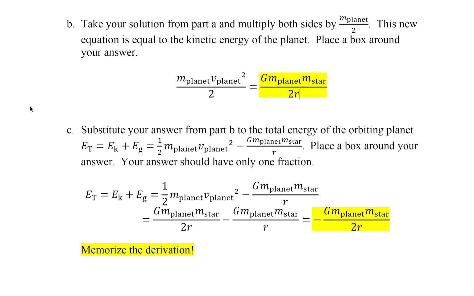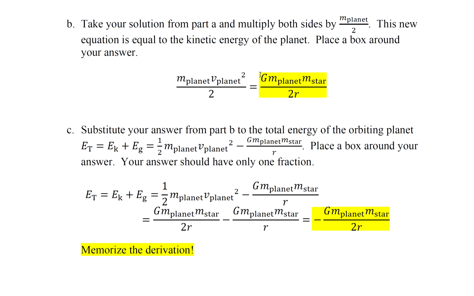Part C. Substitute your answer from part B into the total energy of the orbiting planet, which is kinetic energy plus gravitational potential energy. Place a box around your answer. Your answer should have only one fraction.